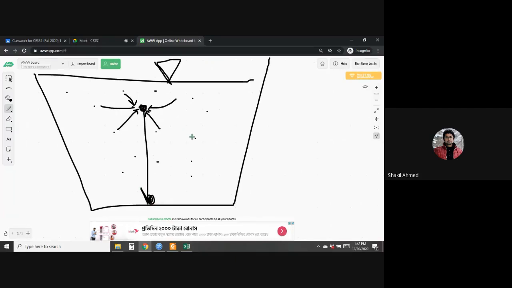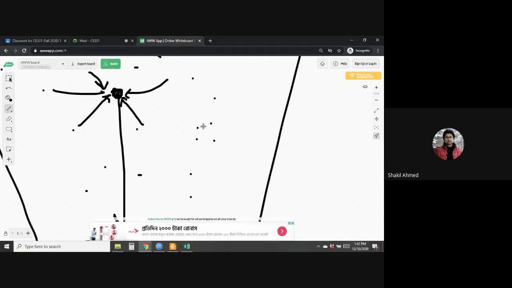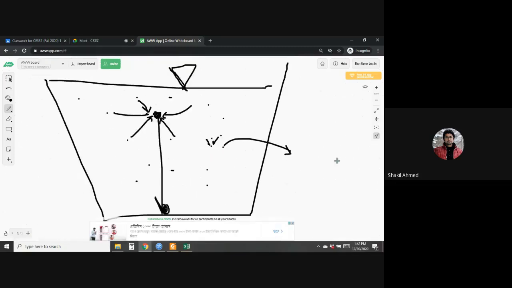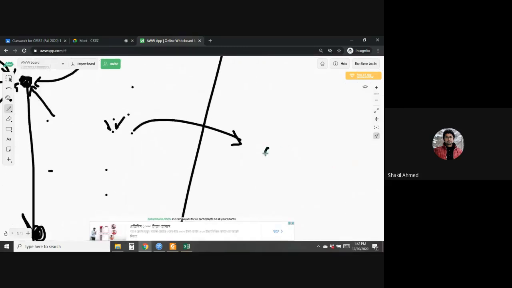Now, the thing is, it's not very easy to bring them close to each other, because if you zoom in, you'll see they have negative charge all around, and therefore the positive charged species surround them.